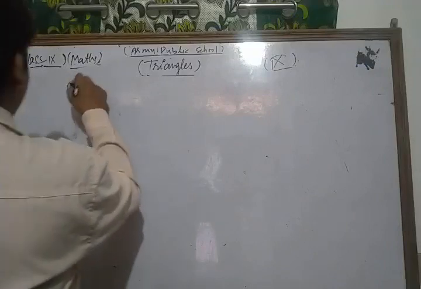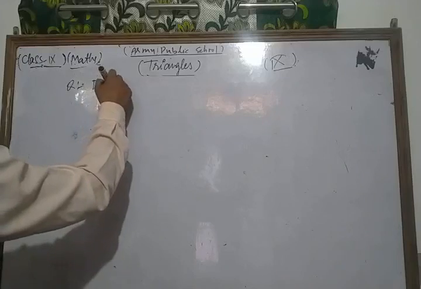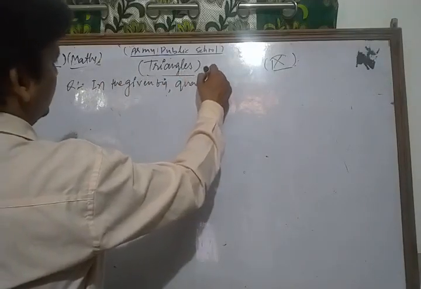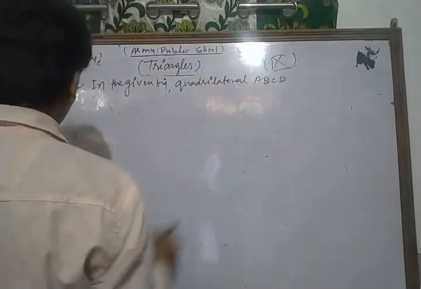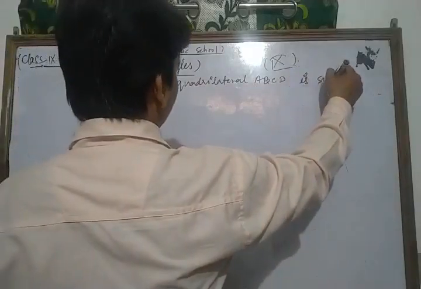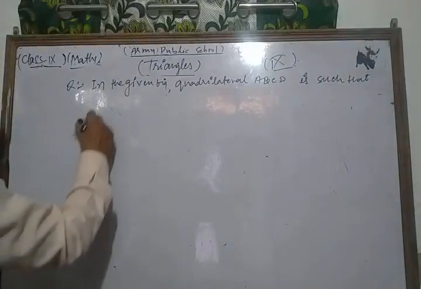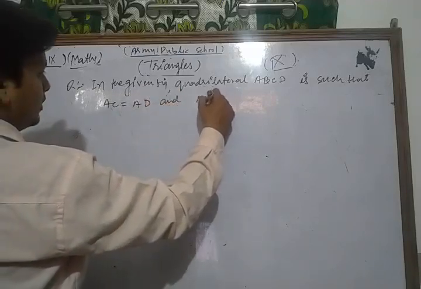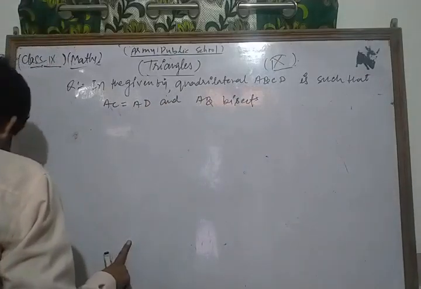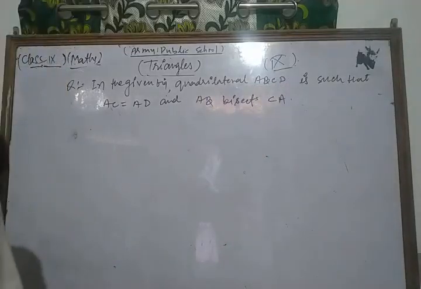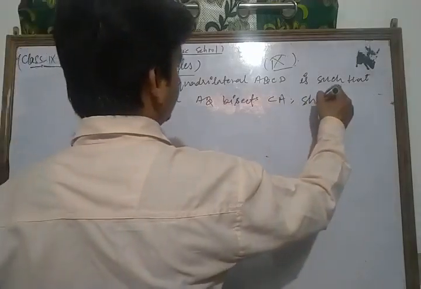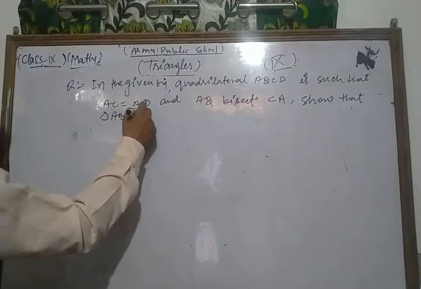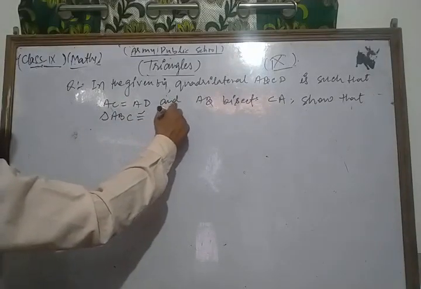Now your question, this is a very important question. In the given figure, quadrilateral ABCD is such that AC is equal to AD and AB bisects angle A. Show that triangle ABC is congruent to triangle ABD.